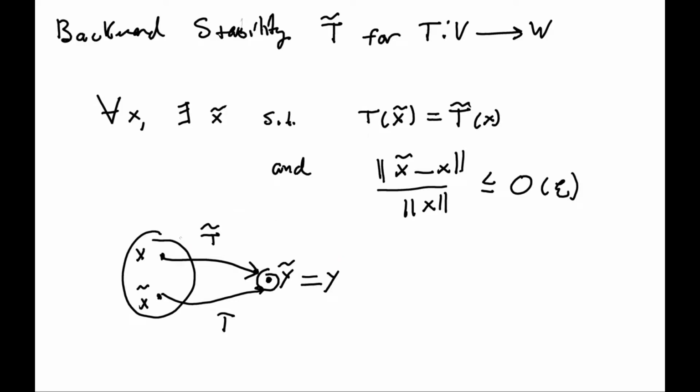So in the example of forward stability, both the inputs and the outputs are approximate. But for backward stability, the outputs are identical.